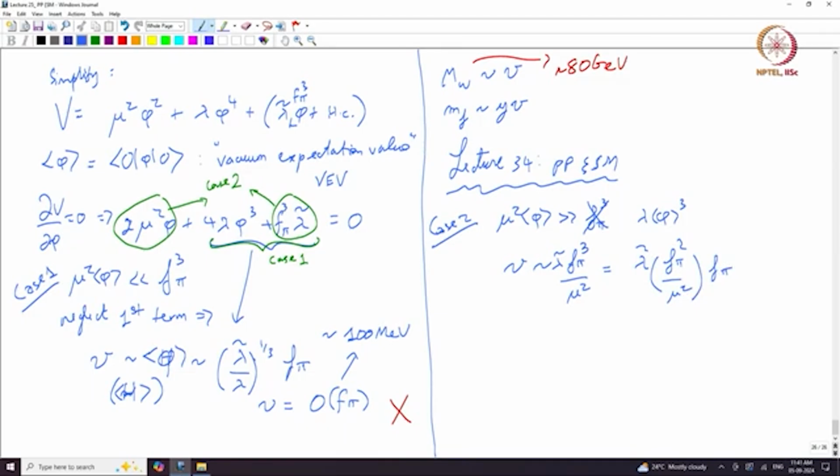Why do I do this? Because this is a case where mu is so large that this term is much smaller than 1. In other words, V in this case is much smaller than f pi.